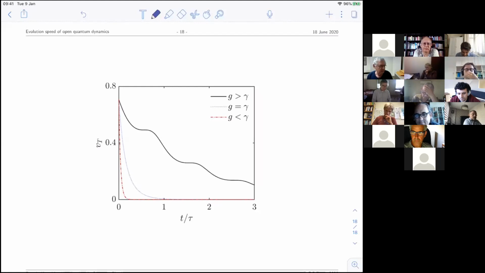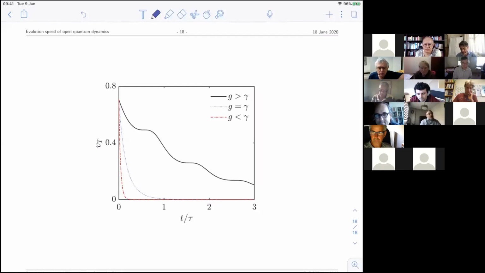Oh, okay. But if you want to explore more dramatic behavior of the two phases, then you have to start working out the time average of observable quantities. So for example, the time average of sigma z. And then you find different behavior in the two phases. Okay. Good.